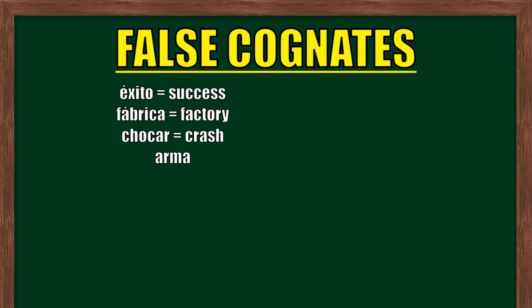Arma. Arma does mean arm, but only in the sense of a weapon. That kind of arm is an arma. The word for arm, as in the part of the body, is brazo. Pan. Pan does not mean pan. It means bread.